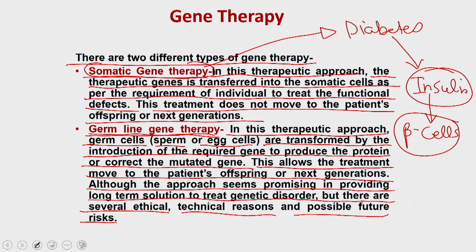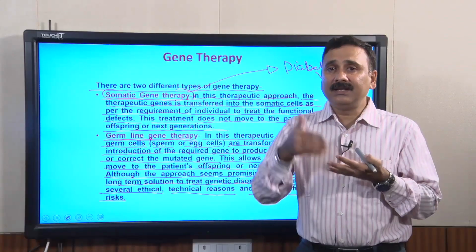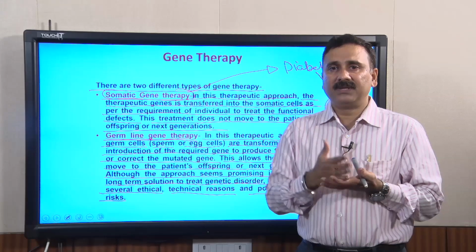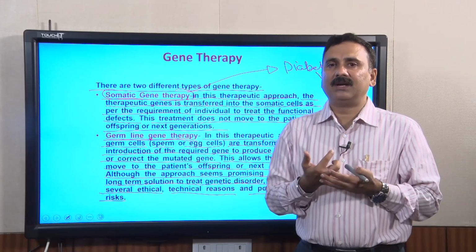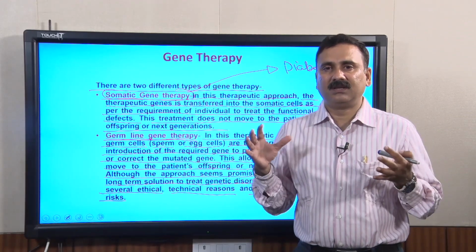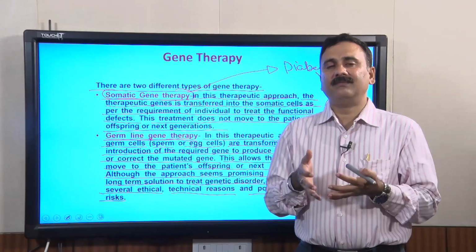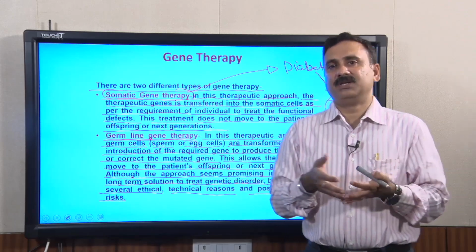So, it looked very promising that you can use gene therapy to replace or do whatever kind of genetic manipulation of human beings, but it has a lot of ethical issues, a lot of social issues, and at the end it also has many technical obstacles to overcome, and that is how gene therapy also has many disadvantages.